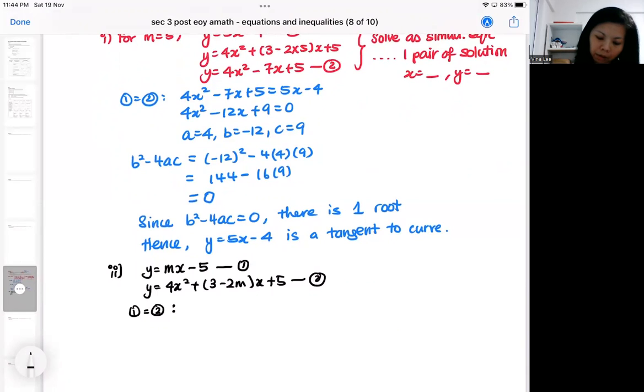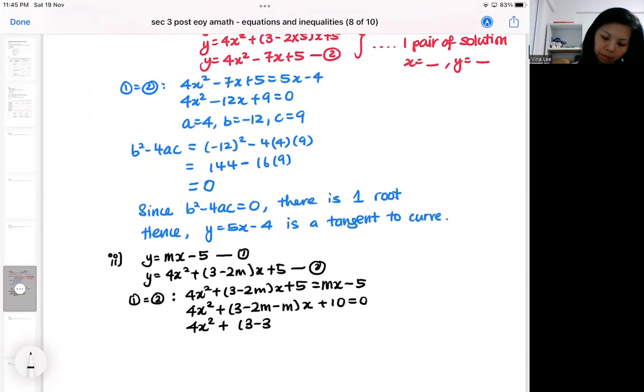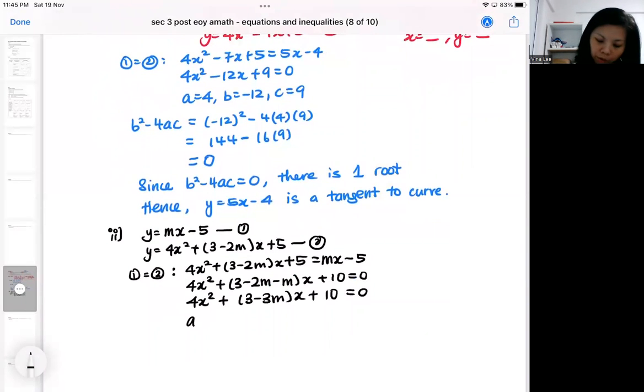So you repeat the simultaneous equations. You realize it's exactly the same method and you get to your a, b, c.